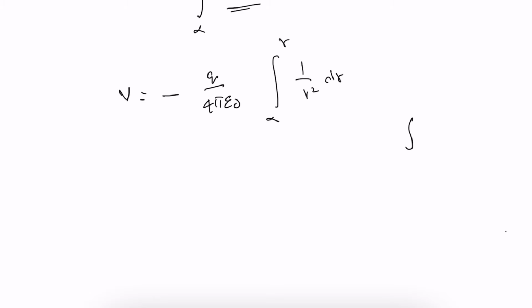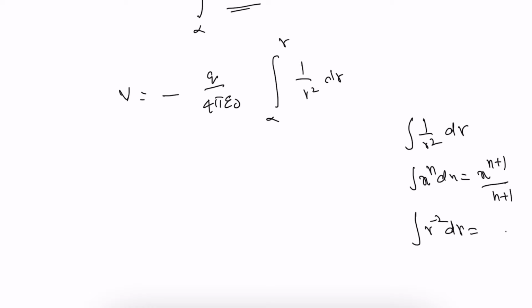So what is the integration of 1 by r square dr? We know the formula for the integration of x power n dx, that is x power n plus 1 by n plus 1. Here, 1 by r square is nothing but r power minus 2 dr. So instead of x write r, and n is minus 2, so r power minus 2 plus 1 by minus 2 plus 1.